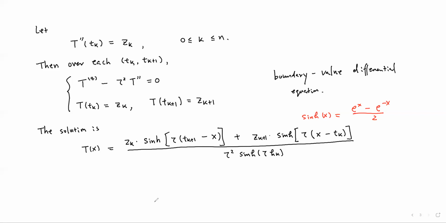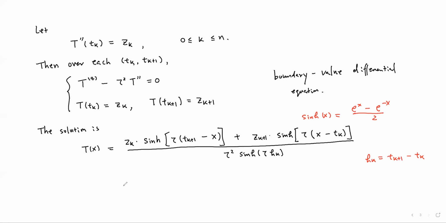What is hk? Hk means this number, tk plus 1 minus tk, the difference of the adjacent knots.